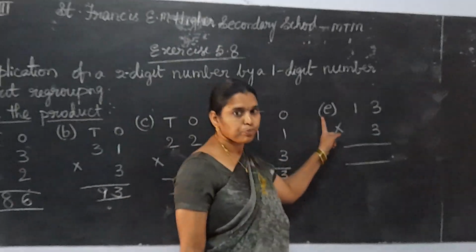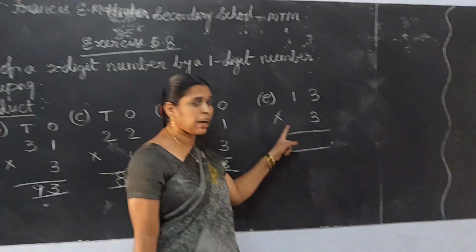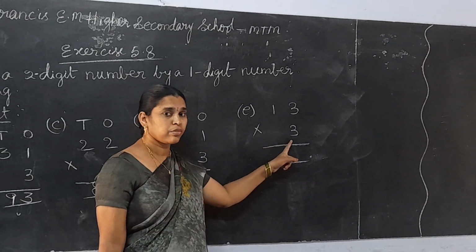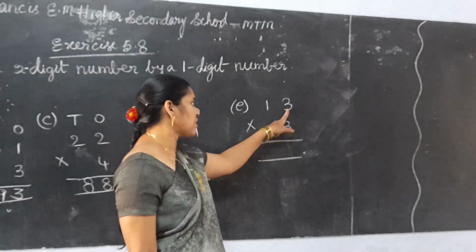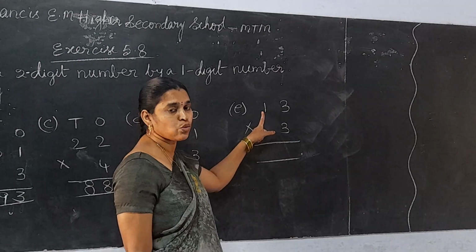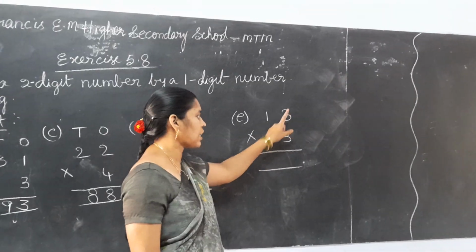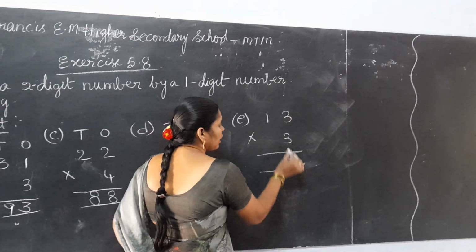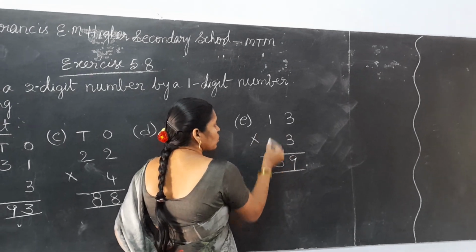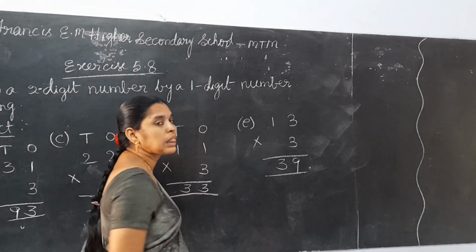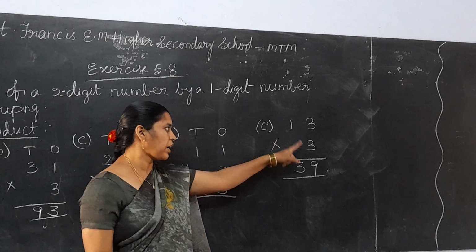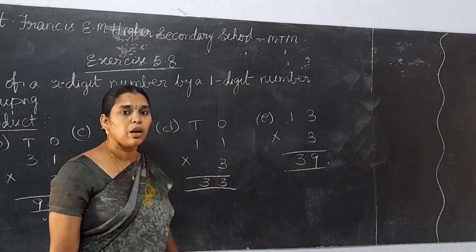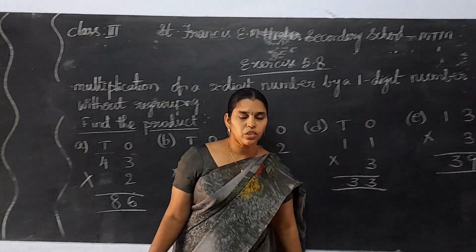Now even 13 you should multiply by 3. So 1's place digit is 3 and 10's place digit is 1. So 3 3's are 9. 3 1's are 3. So 13 into 3 how much? 39. So this is multiplicand and this is multiplier and this is called product. Okay.